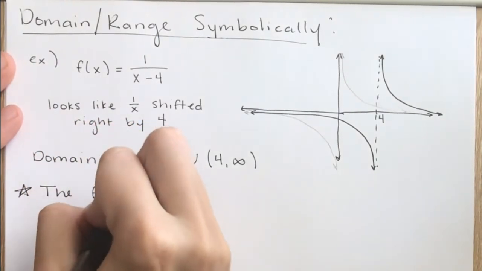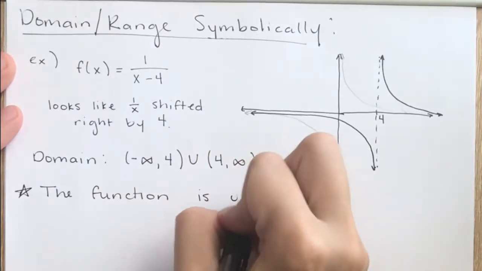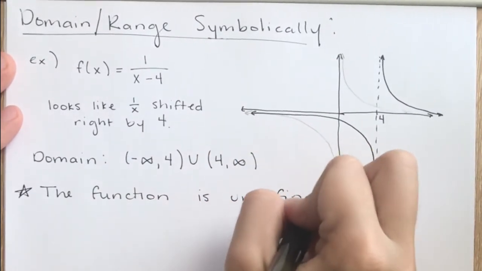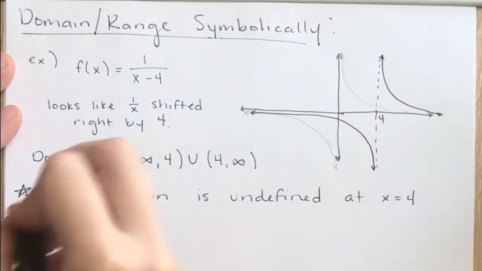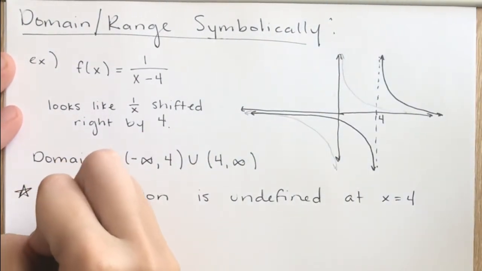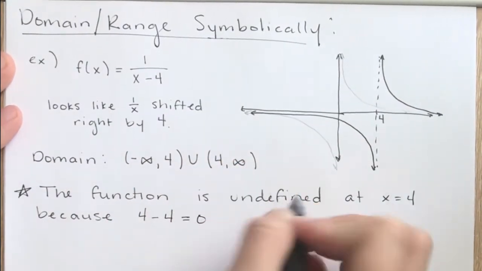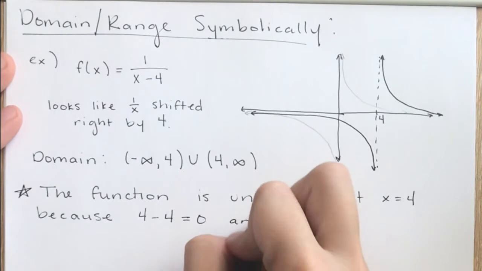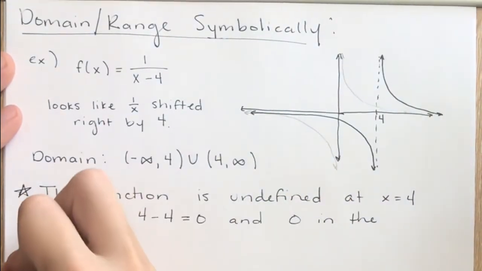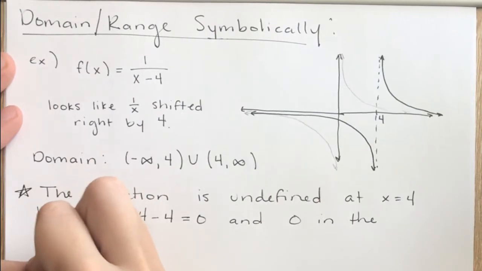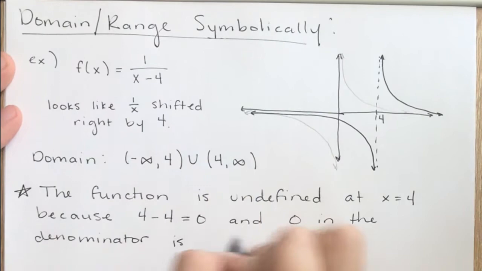The function is undefined at x equals 4 because 4 minus 4 equals 0, and 0 in the denominator is undefined.